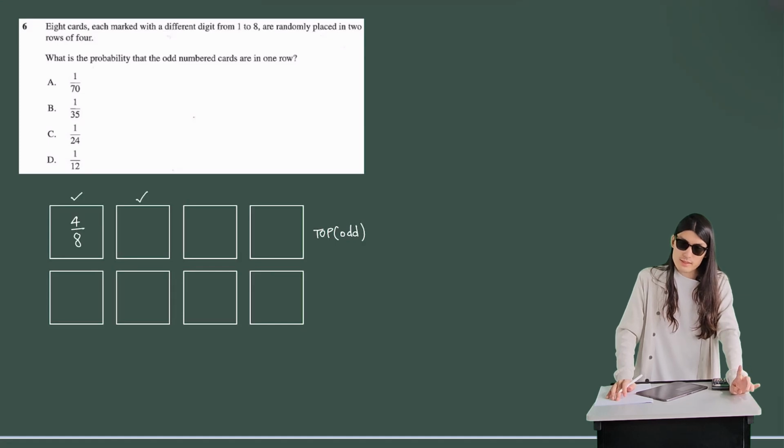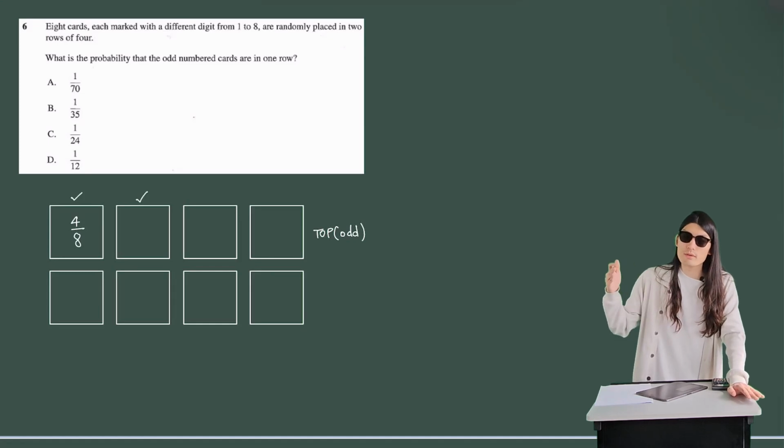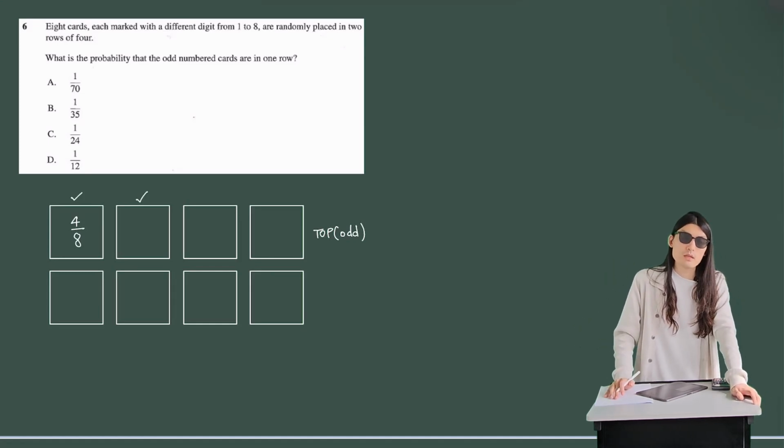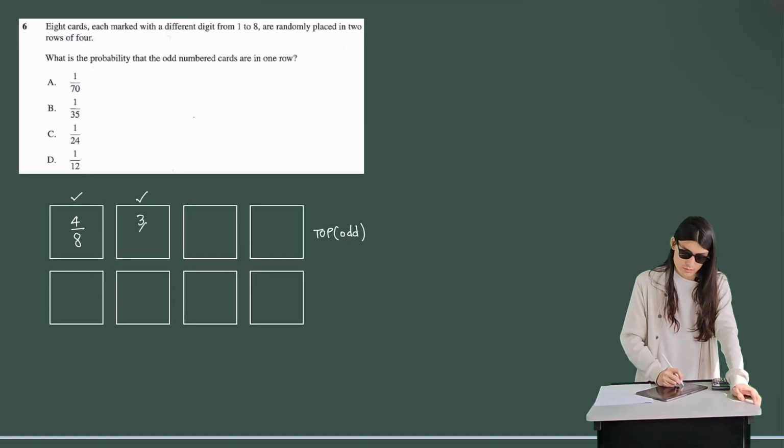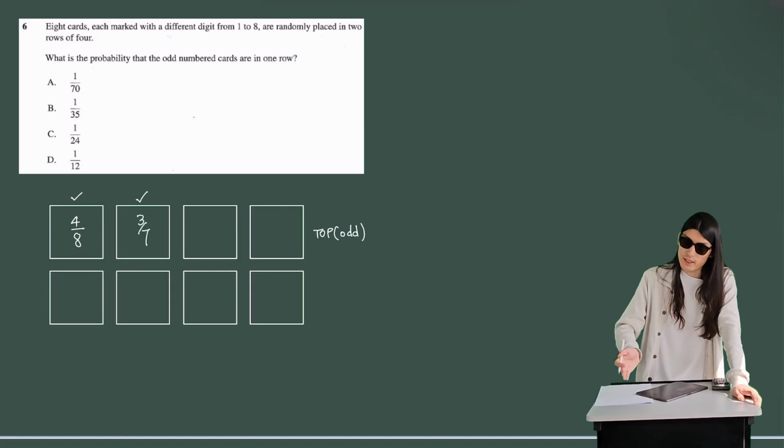But out of the 7 cards, 3 of them now are odd-numbered cards, aren't they? Because one of the odd-numbered cards went into the first position. So again, if you think about randomly placing one of the 7 cards remaining into that second position, the probability that an odd-numbered card will fill that second position is 3 on 7. And then you get the idea, right?